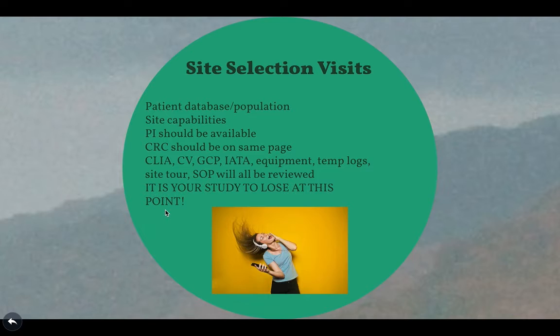You saw us. We watched it with you again, a site tour. I went through most of the equipment with you, where you can get the equipment. We're going to talk about the SOPs later. I talked about CLIA, CV, GCP, IATA, all those things. Equipment and temperature logs. If you don't have a temp log yet, start one today, even if you don't have drug there.